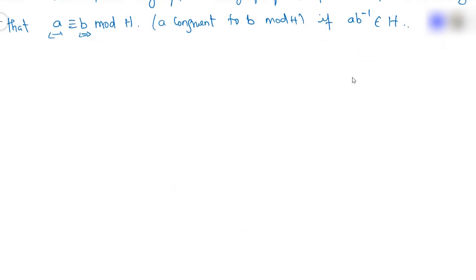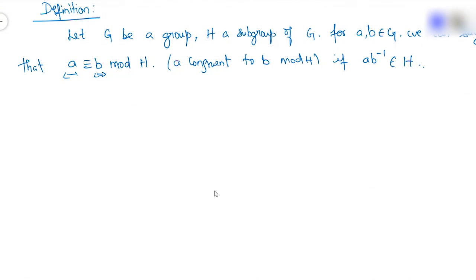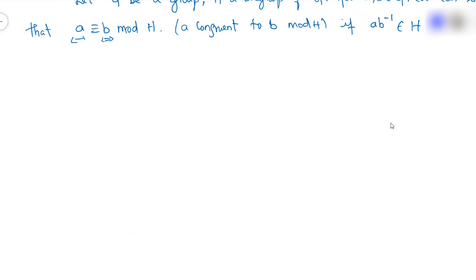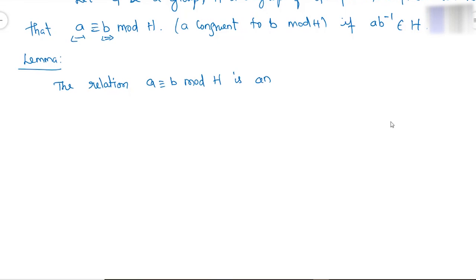Now we will prove that this congruence relation is an equivalence relation. That's the next lemma. Lemma: the relation a congruent to b modulo H is an equivalence relation.